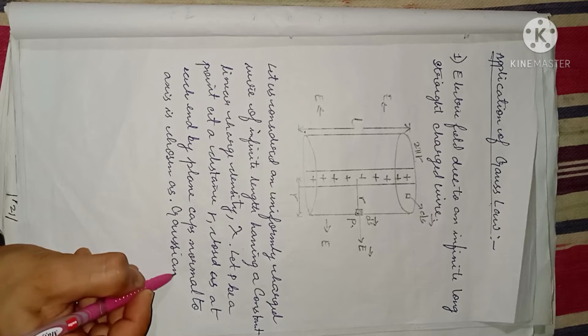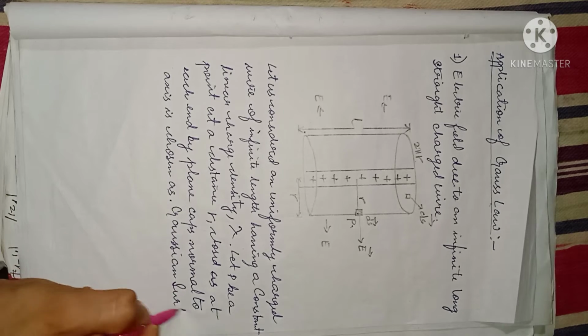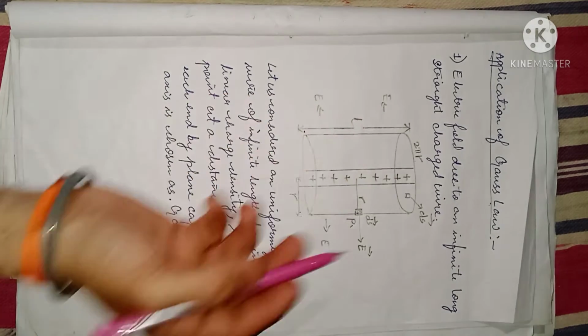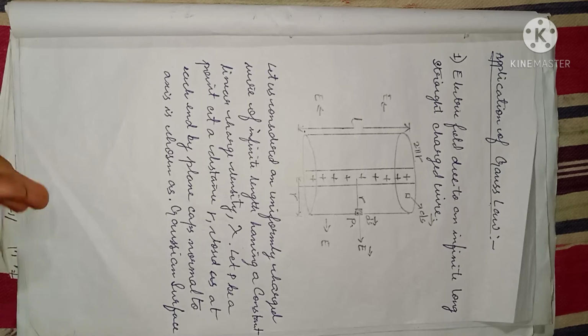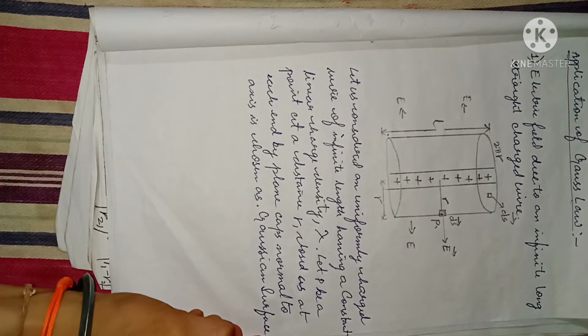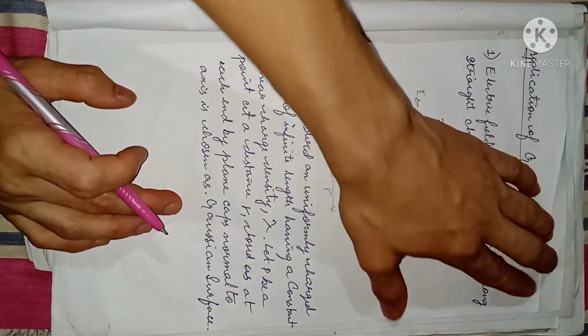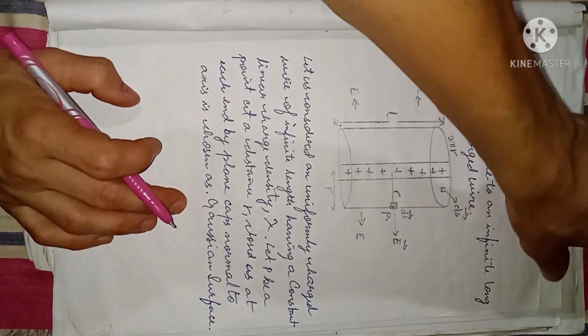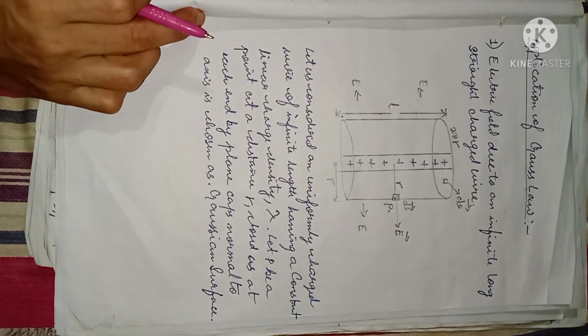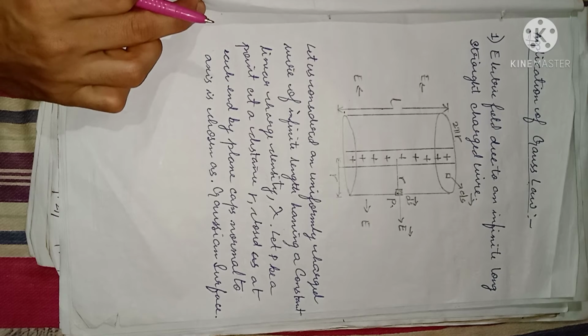Gaussian surface means what? The surface of Gauss law is also known as the Gaussian surface. So simple. Now the derivation part comes. If you want to note this consideration part, you can note it down very neatly and cleanly.